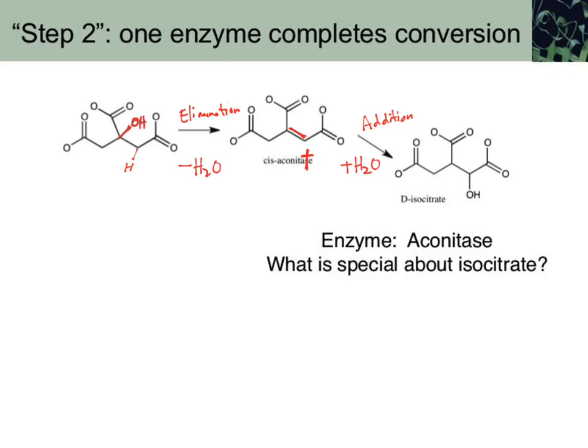Okay? So this enzyme theoretically has the ability to do 4 different things. Remove water to form the aconitate, add water back to take us back to the citrate, right? Add water to the aconitate to make us D-isocitrate, right? Or remove the water to take us to the aconitate. Okay, so that's kind of neat.